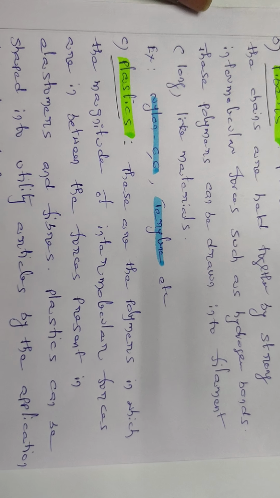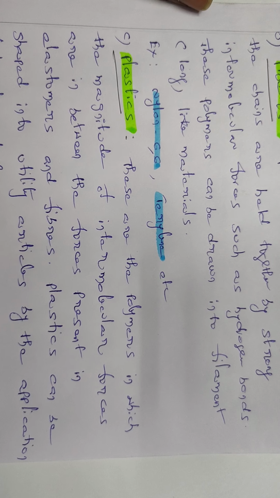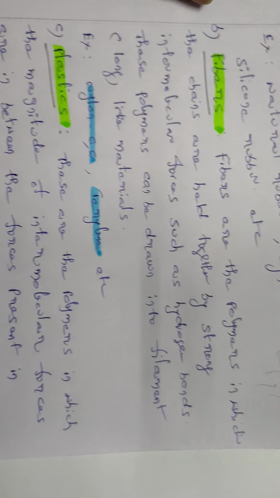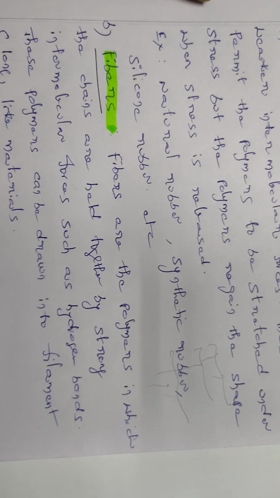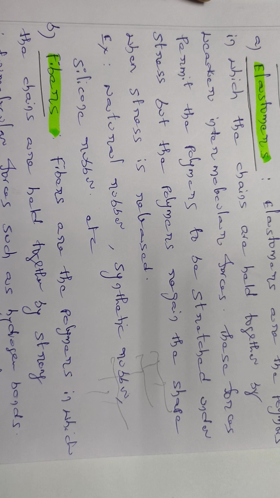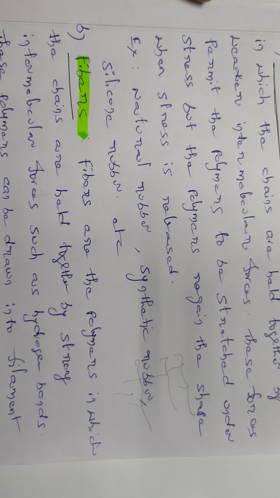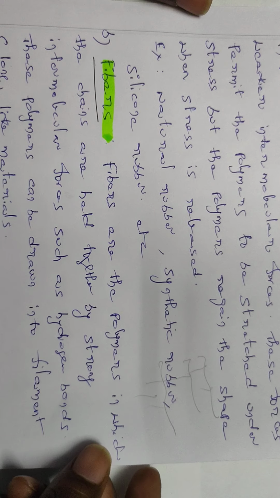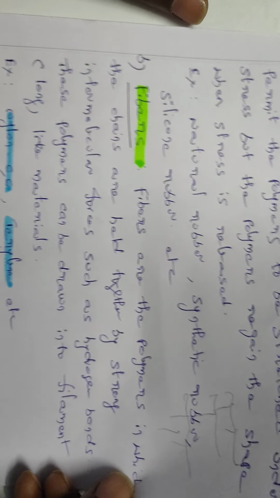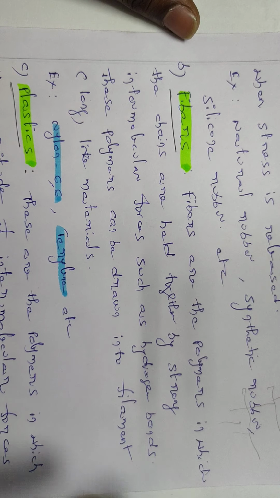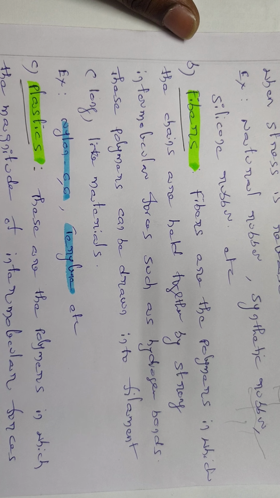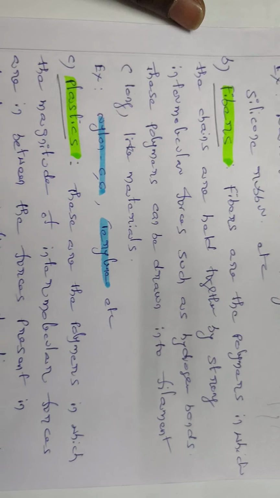And then plastics. Basing on intermolecular forces, mainly polymers are classified as three types: elastomers, fibers, and plastics. Elastomers means very weak intermolecular forces. Fibers means very strong intermolecular forces between the chains. And what about plastics?